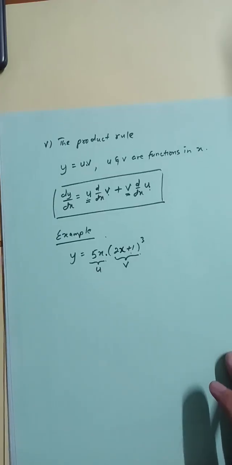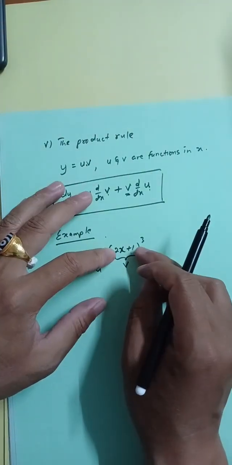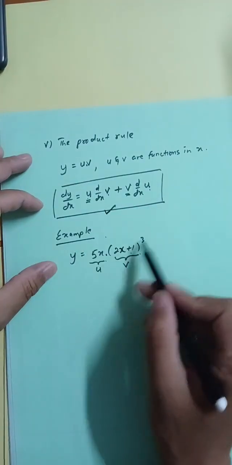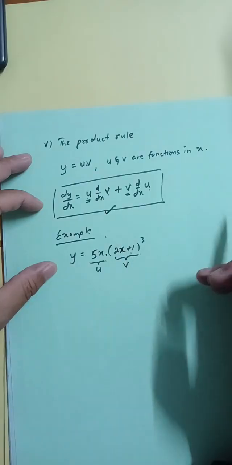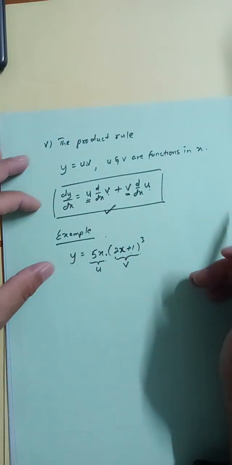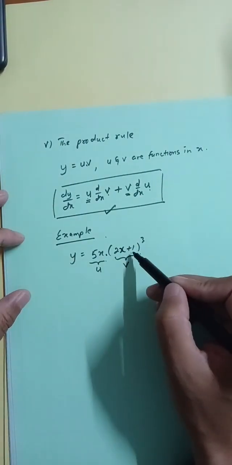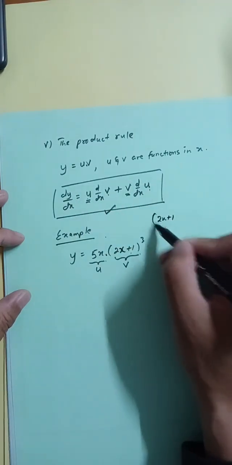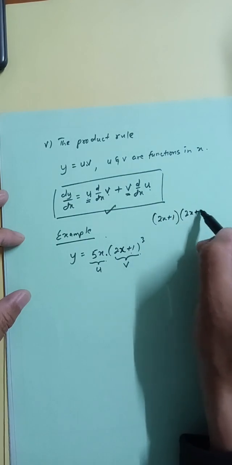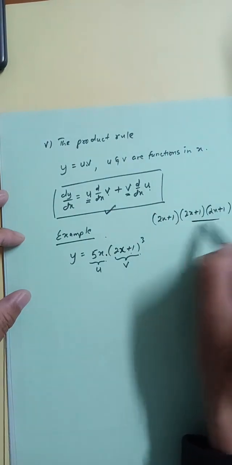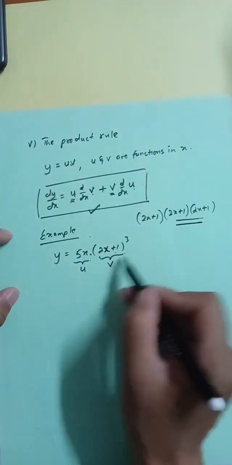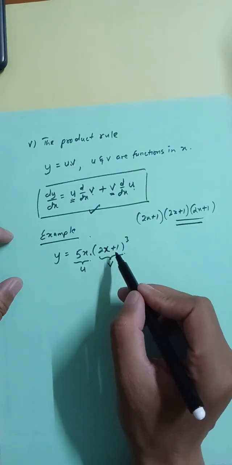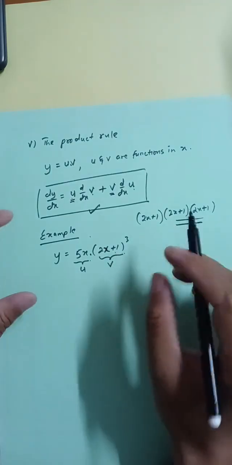Instead of expanding this using the binomial expansion, the formula for (a plus b) whole cube, or writing (2x plus 1) times (2x plus 1) times (2x plus 1) and multiplying it out, or using the binomial theorem to expand it, you will have extra work.